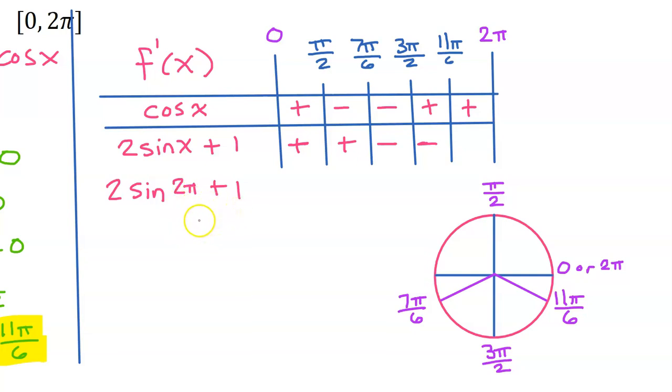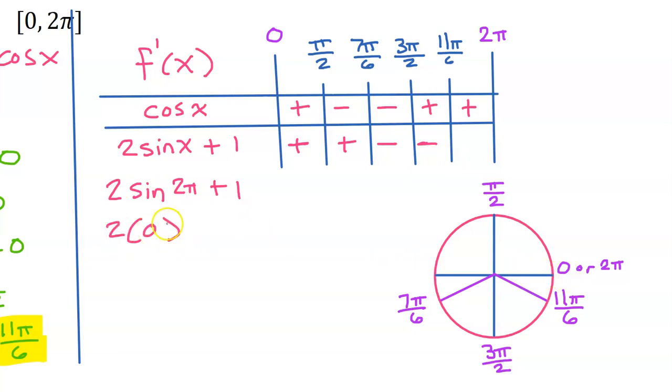All we care about is the sign. So it doesn't matter that our answer is not exact. It's going to be really close to the right answer, so it'll be close enough for positive and negative. Sine of 2 pi is 0 because it's the y value.